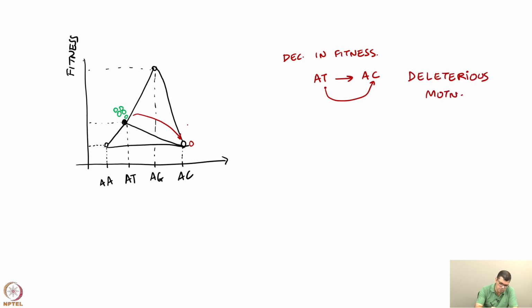As a result, when one of the offspring of these individuals lands up here, natural selection is going to remove this. Natural selection weeds out deleterious variants.